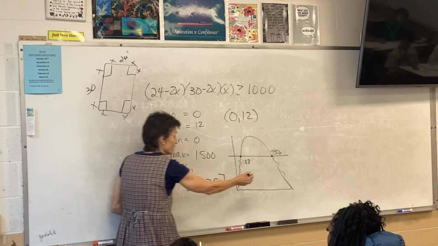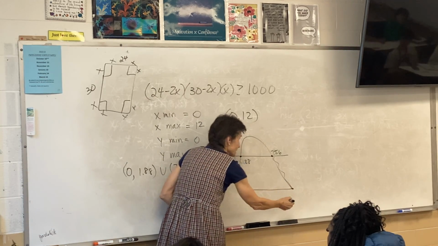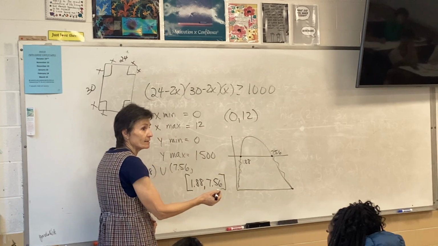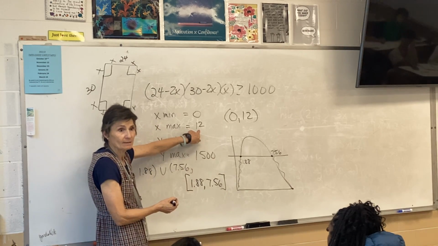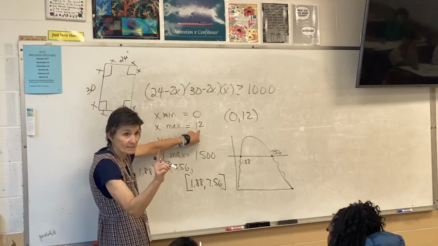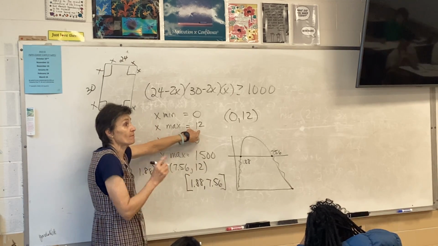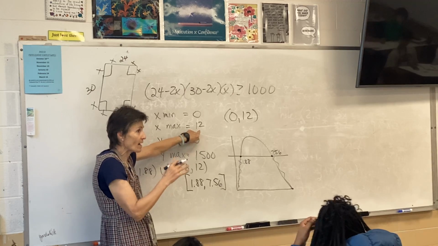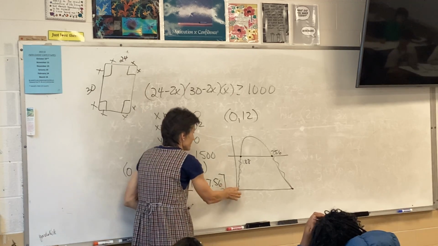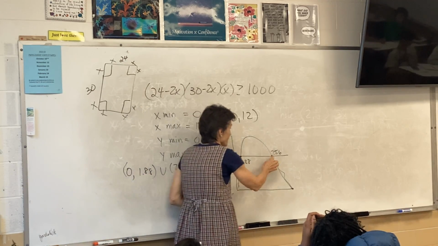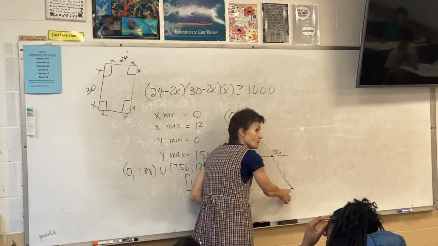Where does this end? No, it doesn't end at infinity. It ends at 12. 12 is the last x value you can have. So if the problem were less than 1,000, then it would be 0 to 1.88, and 7.56 to 12.